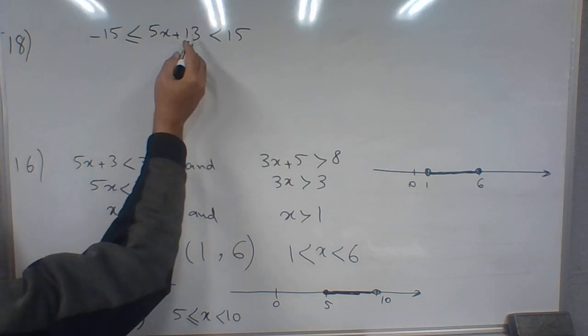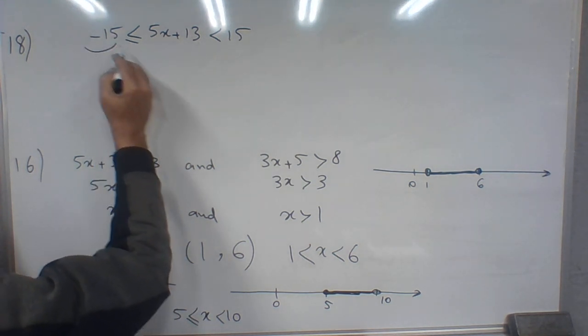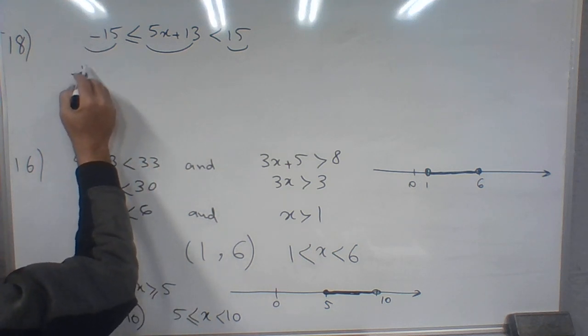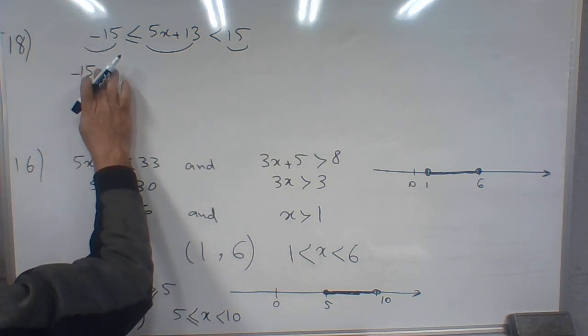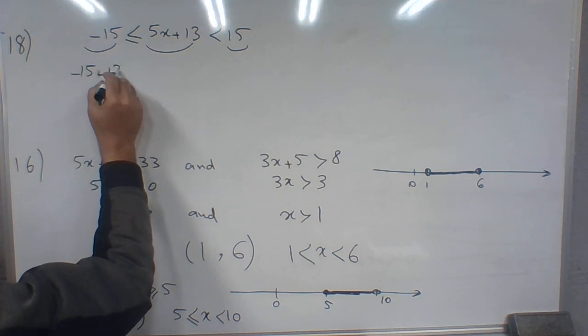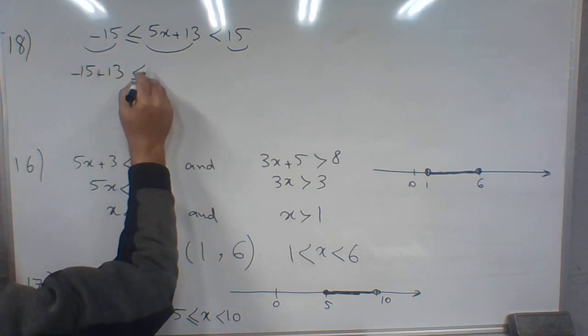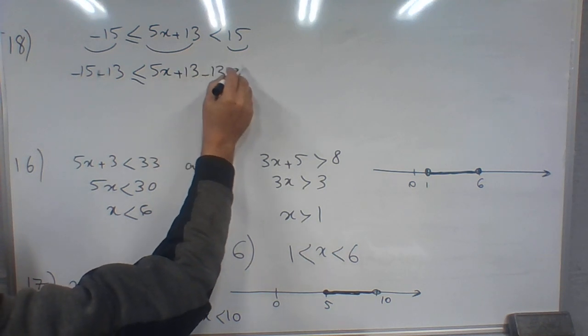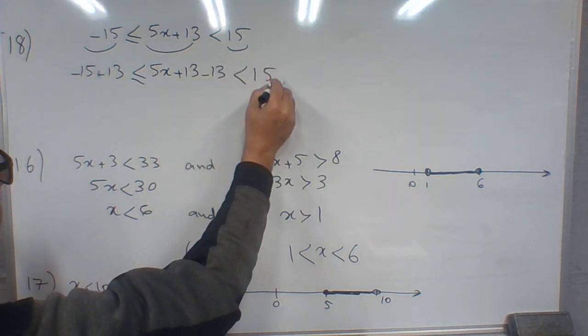So subtract 13 from all three. One, these, and these. So minus 15 minus 13 less than or equal to 5x plus 13 minus 13 less than 15 minus 13.